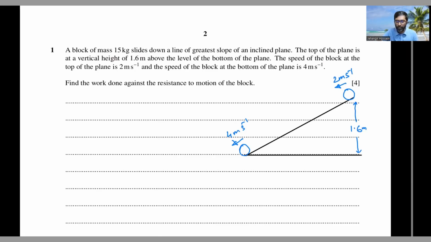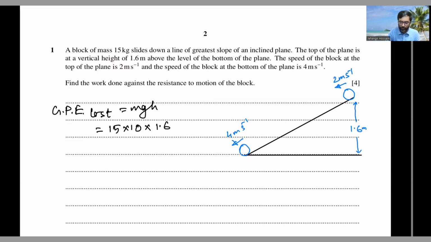No external force. So if you figure these three things first, GP loss will be mgh. M is 15, g is 10, h is the height it loses, which is 1.6.